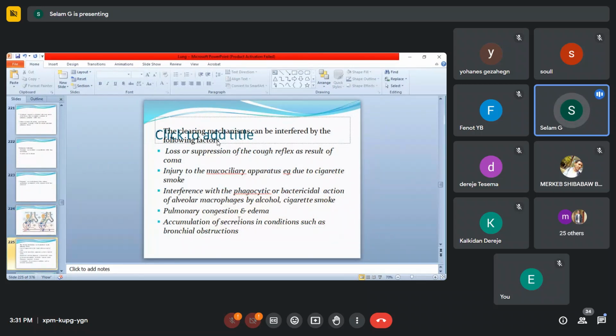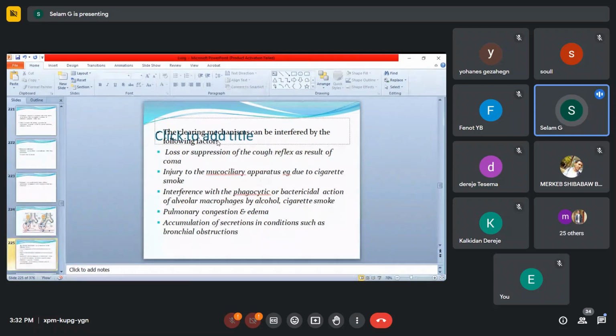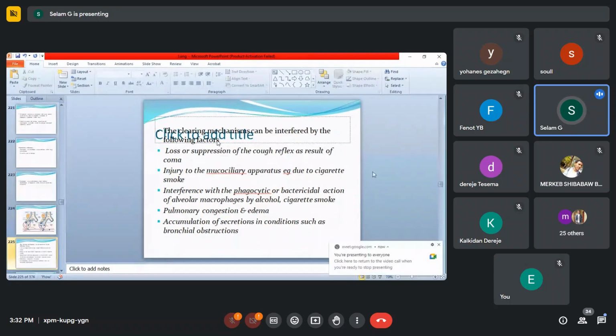The clearing mechanisms can be interfered with by the following factors, like loss or suppression of the cough reflex as a result of coma. Whenever we cough or sneeze, we are removing unwanted materials from our system, and this is an important mechanism.